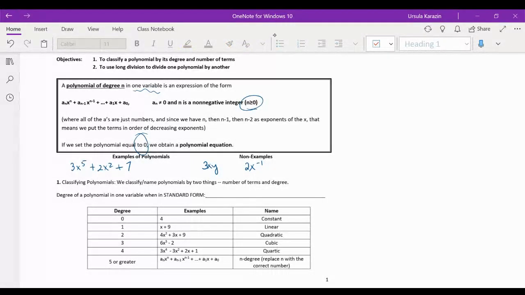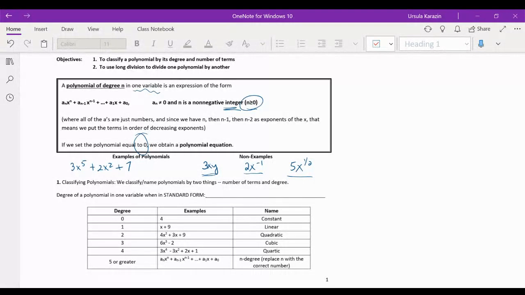We also wouldn't have 5x to the 1/2 because it says they need to be integers. So there are plenty of examples of polynomials, also plenty of non-examples, but the basic idea for a non-example would be that it has two variables like this one, it has a negative exponent like this one, or a fractional exponent.